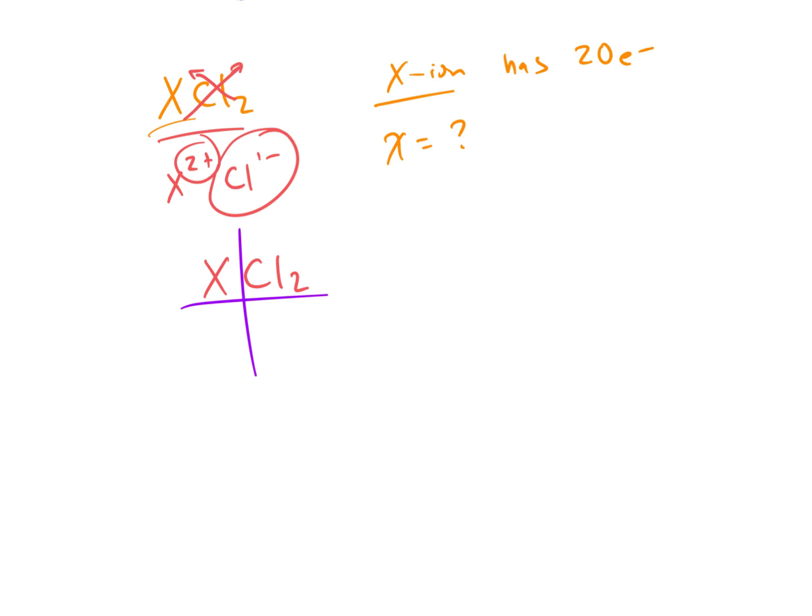Do we know the charge of chlorine? Yeah, 1 minus. And how many chlorine atoms are there? There's 2 of them. So if each one has a -1 charge, this has a total charge of -2. And all ionic compounds are neutral, so the cation has to have a charge of +2, the exact opposite of that.